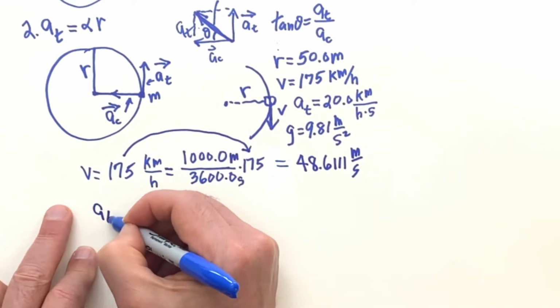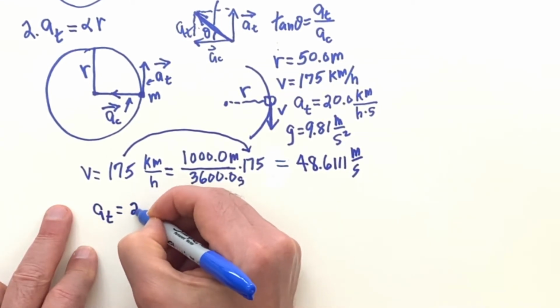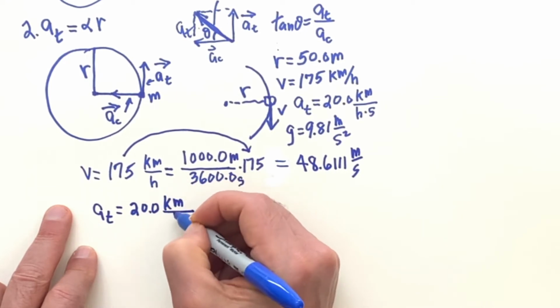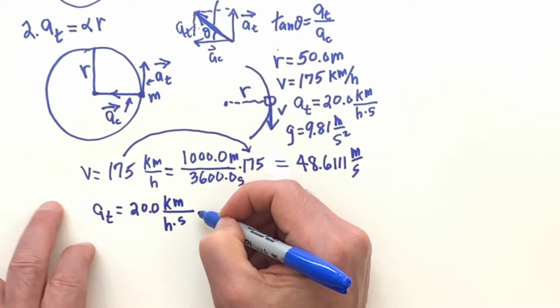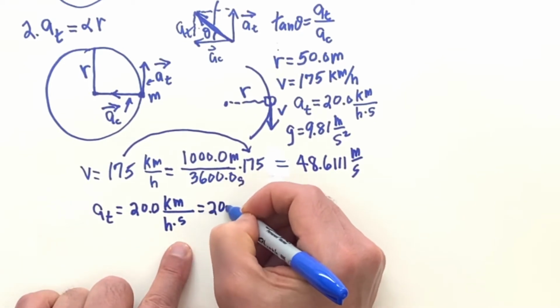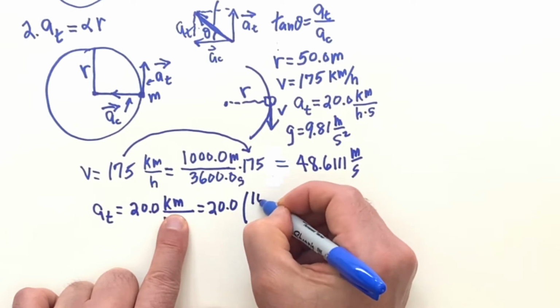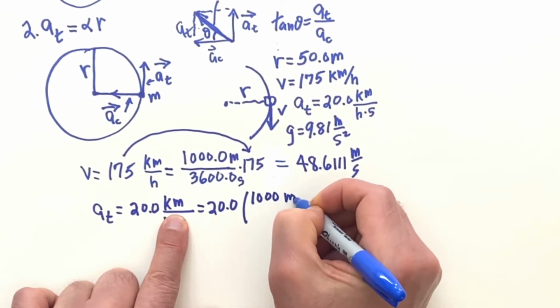Then for the tangential acceleration, 20.0 kilometers per hour second. And here's where the units really help out. We put the number down, and then for the kilometers, I'm going to have 1,000 meters.